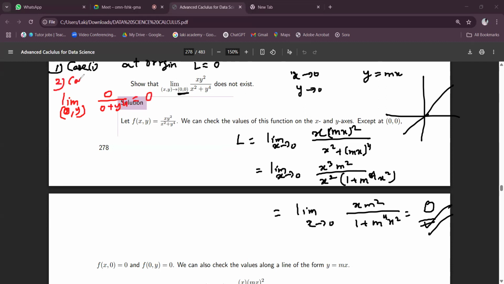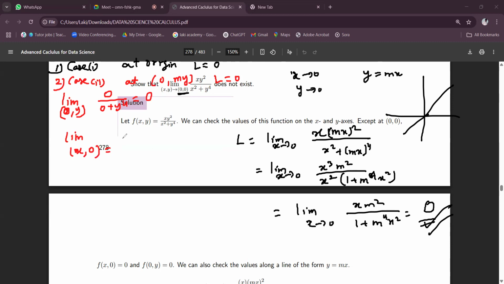Case number 2 is what? At (0, y), L is 0, right? So case number 3 is what? Put x a constant and y = 0.